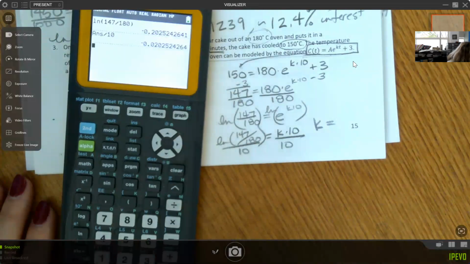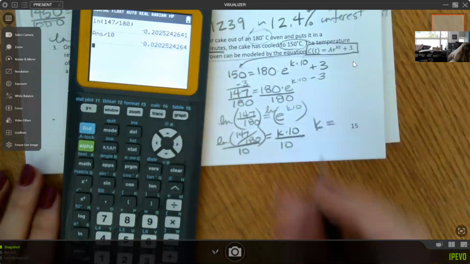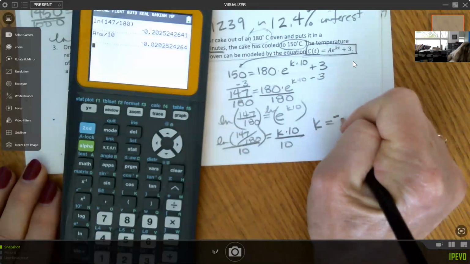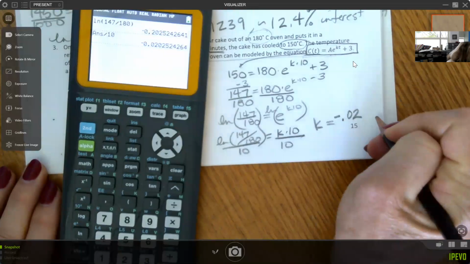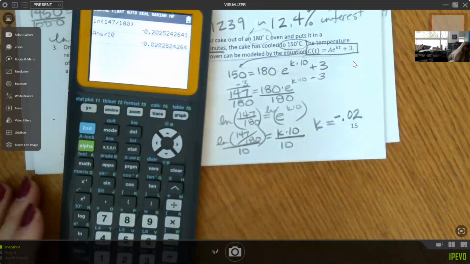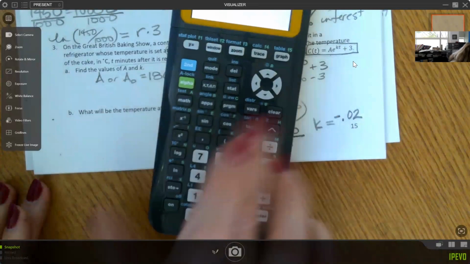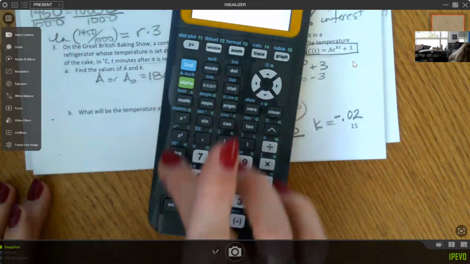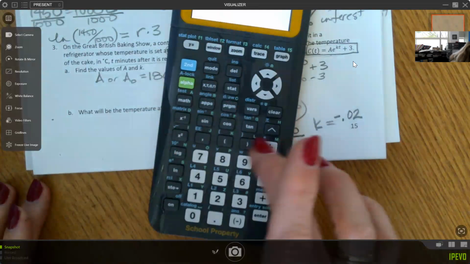So did we get negative 0.02? Okay, I'm going to store this value. I'm going to pick my favorite letter, J.